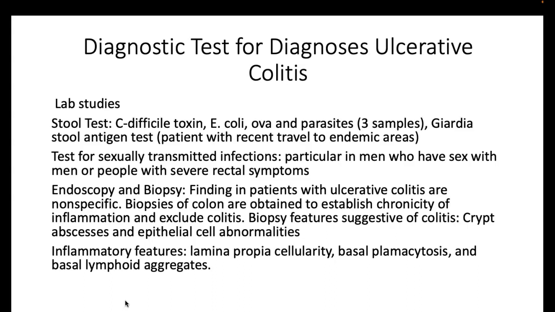Biopsy features that are suggestive of colitis are crypt abscesses and epithelial cell abnormalities. They have inflammatory features: lamina propria cellularity, basal plasmacytosis, and basal lymphoid aggregates.